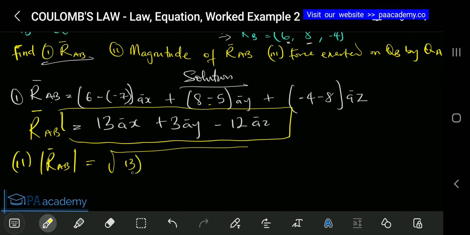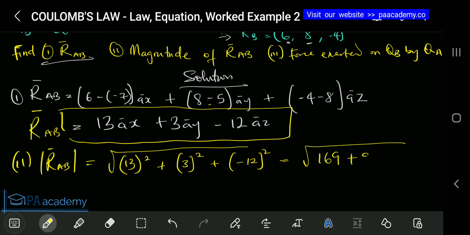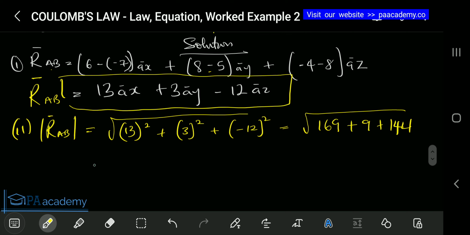That will be the square root of 13 squared plus 3 squared plus minus 12 squared. 13 squared gives us 169, plus 9, which is 3 squared, and then minus 12 squared gives us 144. So we have 169 plus 9 plus 144, and that should give us 322, and that will give us 17.94.